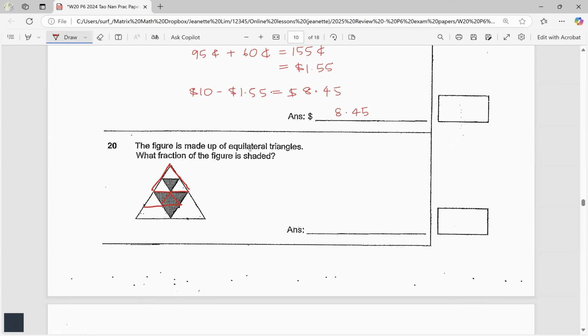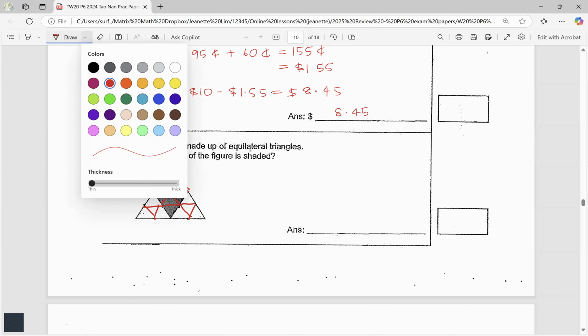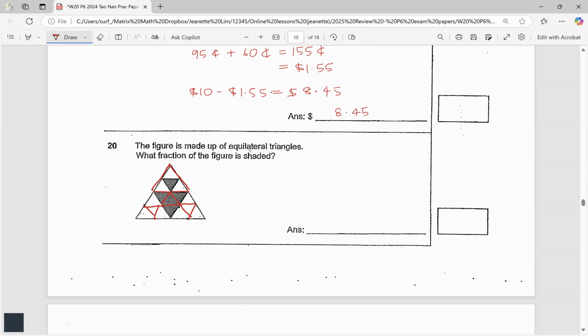And this as well. So every big triangle is made up of 4 smaller triangles. So the total number of triangles is 16. The shaded ones will be 1, 2, 3, 4, 5. So 5 over 16.